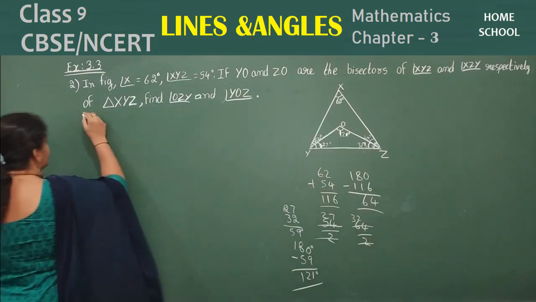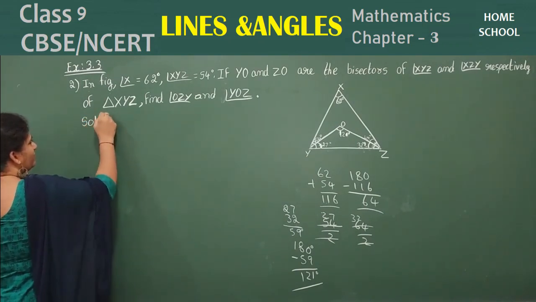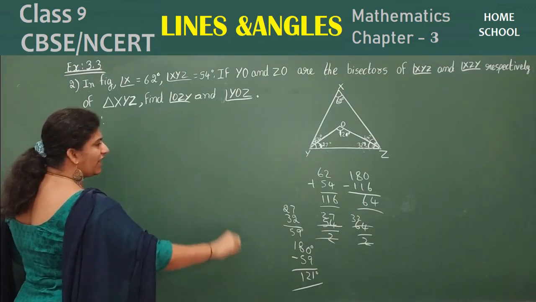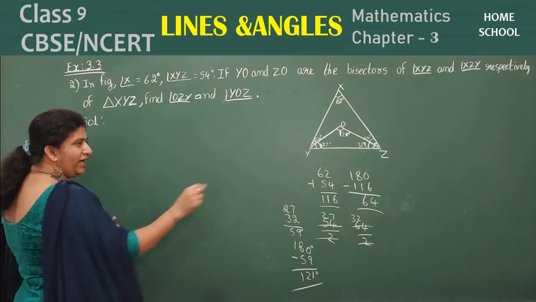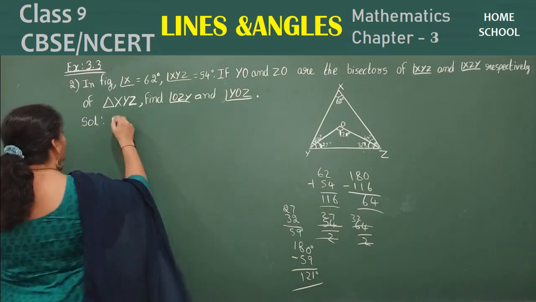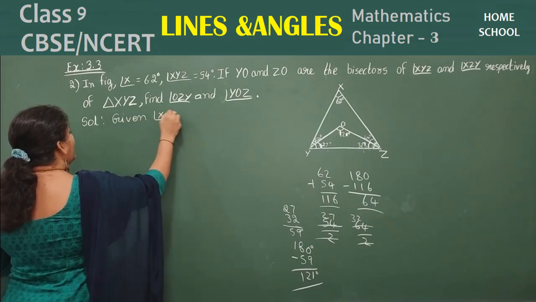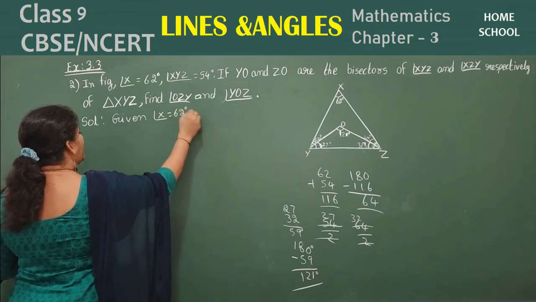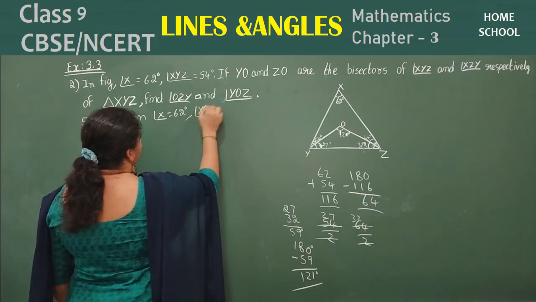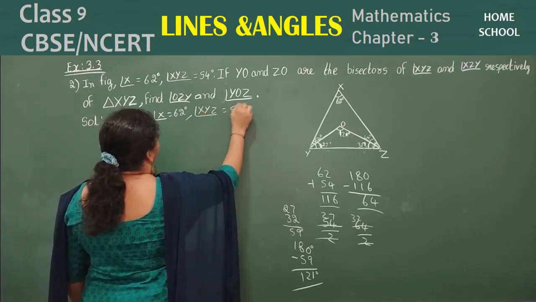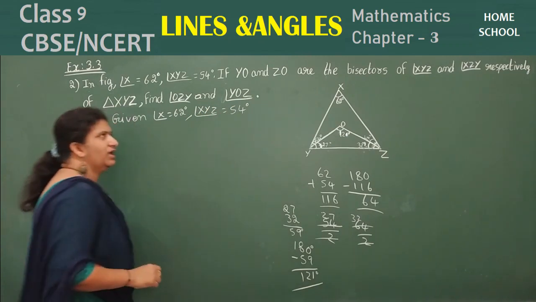Okay, now let's start our solution here. The same thing we have done here as rough work, we do with angles. Given angle X is equal to 62 degrees, angle XYZ is equal to 54 degrees.